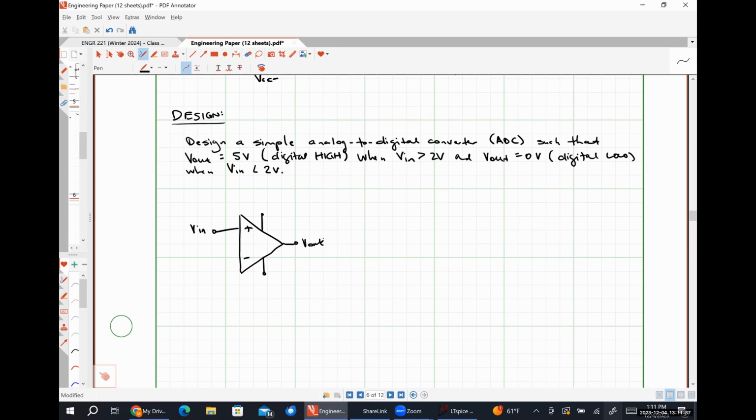So what other things can we glean from this problem statement? What should my reference voltage be? 2 volts, because that's what I'm comparing my input signal to, right? So VREF is going to be 2 volts. And because it's a non-inverting comparator, we apply that reference voltage to the inverting input pin.